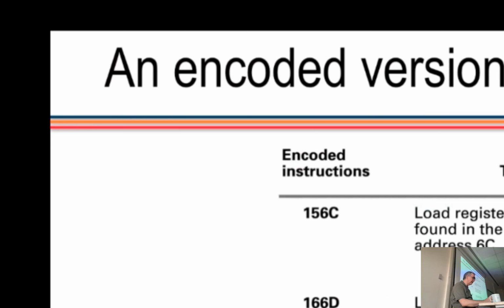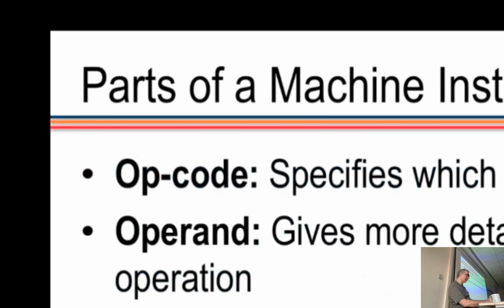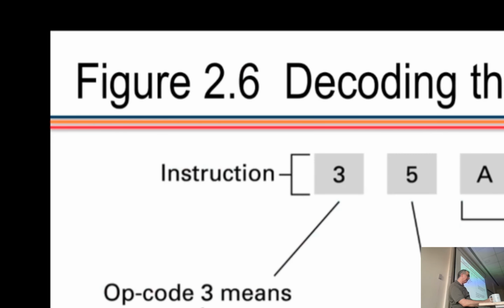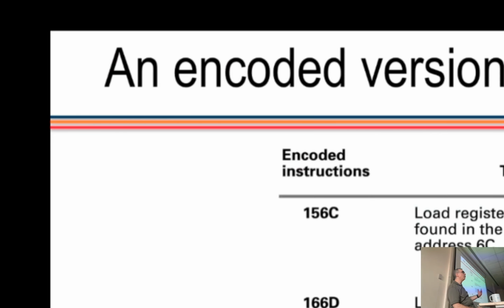So the program I was talking about at the beginning, adding 2 numbers, can be encoded with that kind of notation like this: 1560, 1660, 5056, 306E, C000.